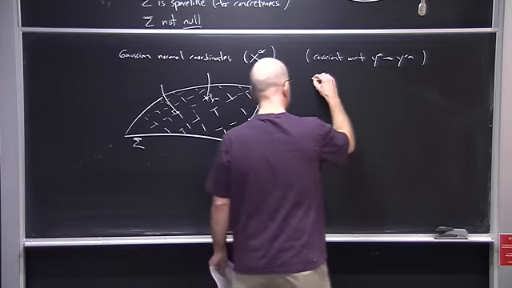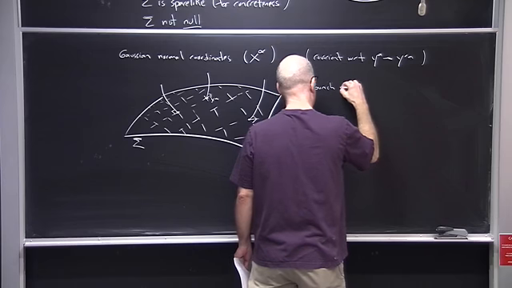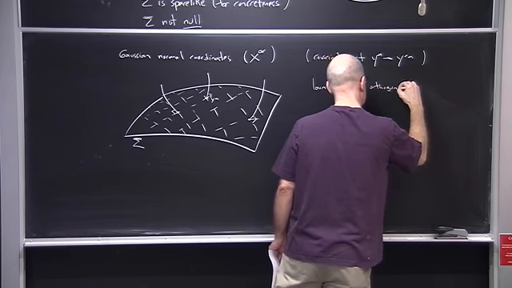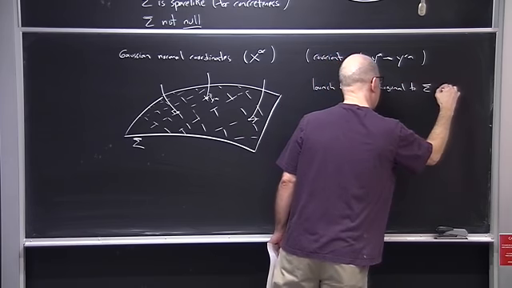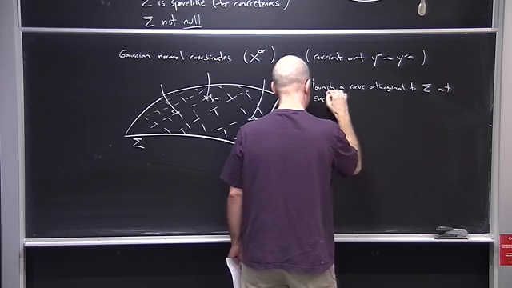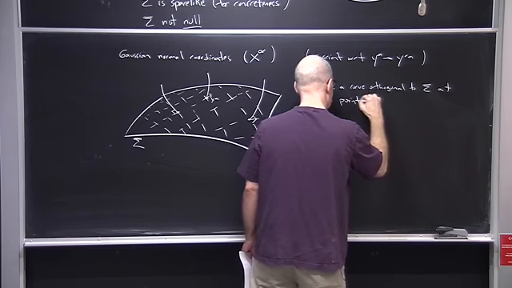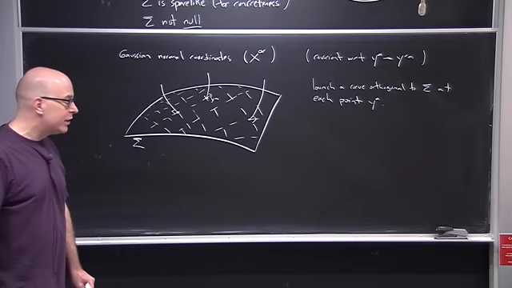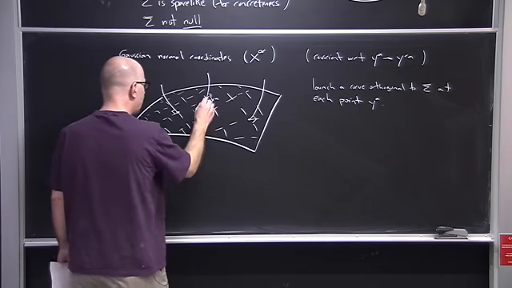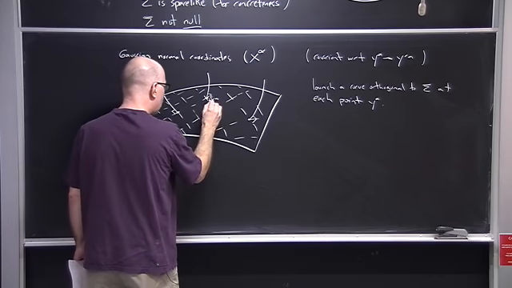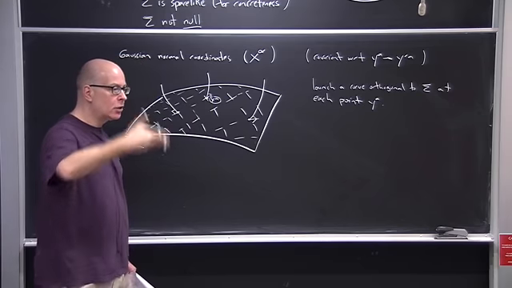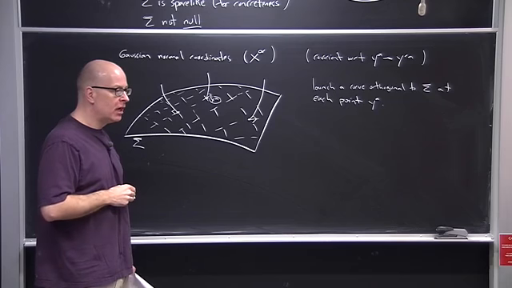So we launch a curve orthogonal to sigma at each point y^A. While that curve has a label that corresponds to the coordinate values at that point, I'm going to insist that as the curve moves up from the hypersurface, it keeps its coordinate description.